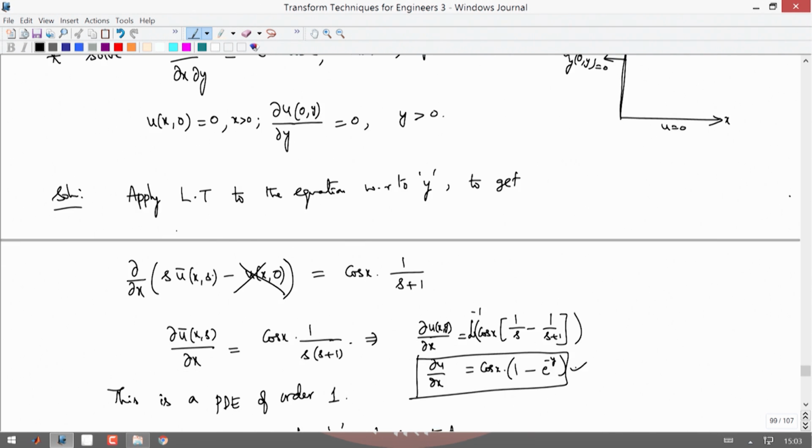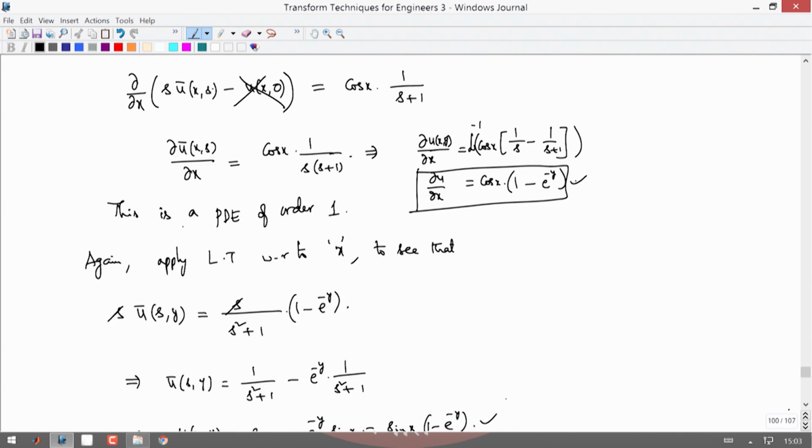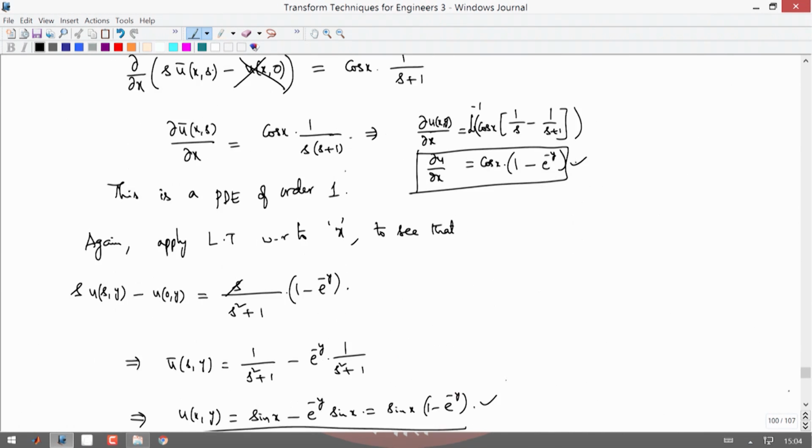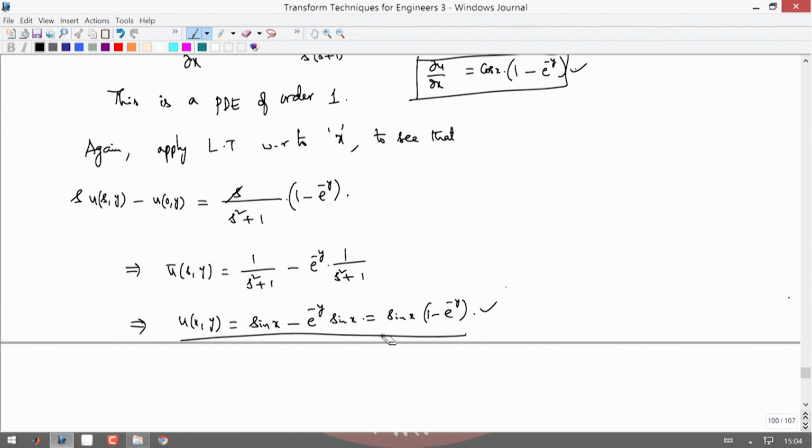I think we made a mistake when we applied the Laplace transform. What you have on the left hand side is s times ū(s, y) minus u at (0, y). This is what we still do not know. We know only its derivative. So, we actually got the answer right, but this is where we made a mistake.